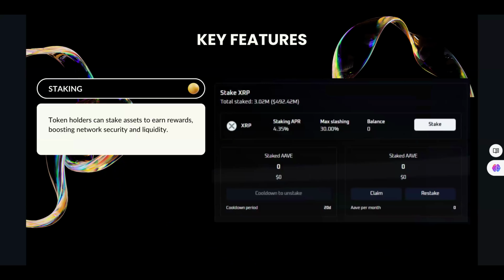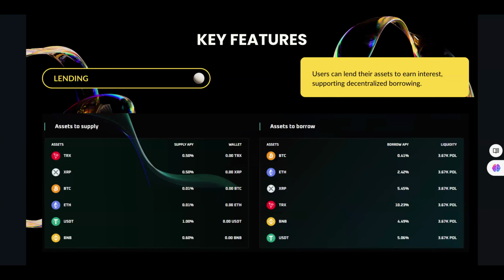And staking: token holders can stake assets to earn rewards, boosting network security and liquidity. And here is lending. Users can lend their assets to earn interest, supporting decentralized borrowing. And these are the 3 important features in our project.